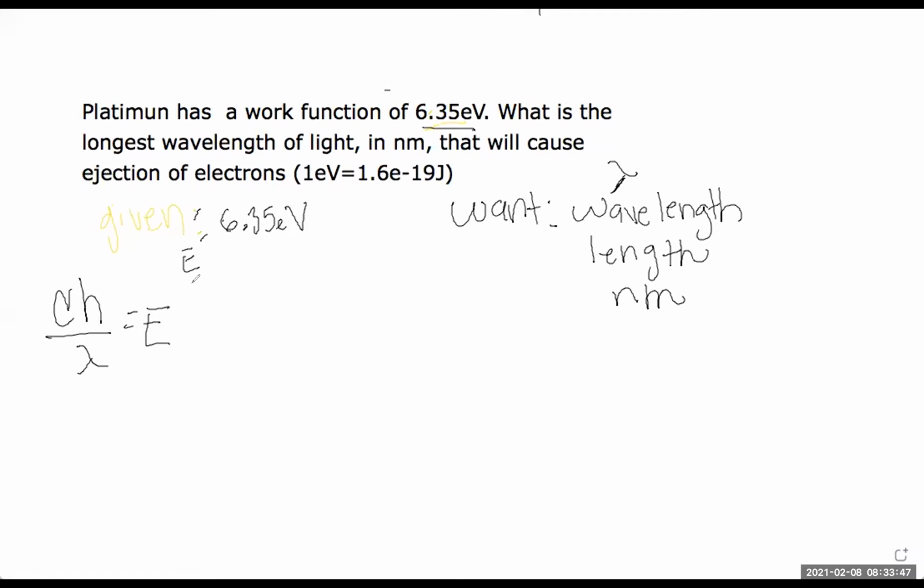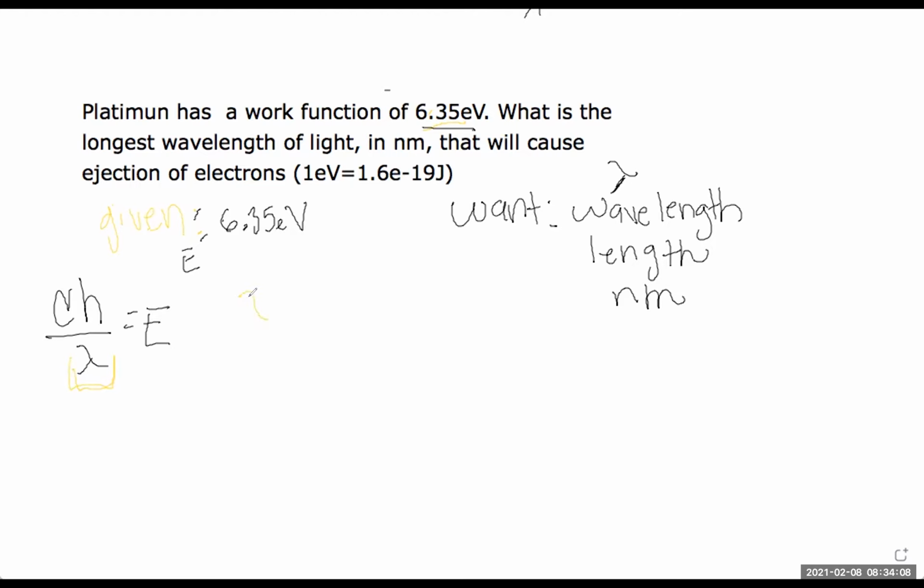Right. There is a math trick that, for me, and hopefully for you too, is just easier. If whatever you want to find is at the bottom, in the denominator, we just flip both sides.